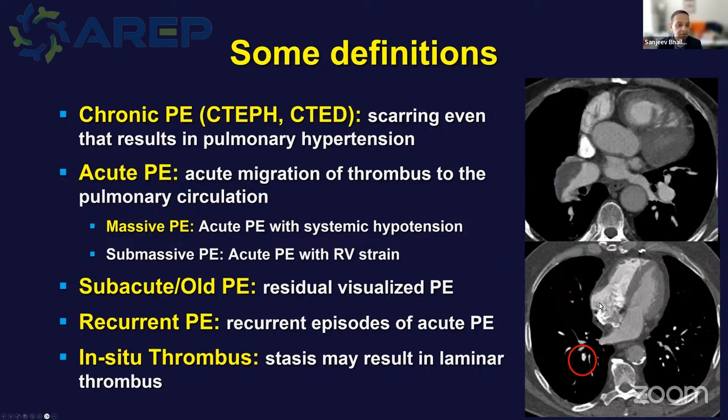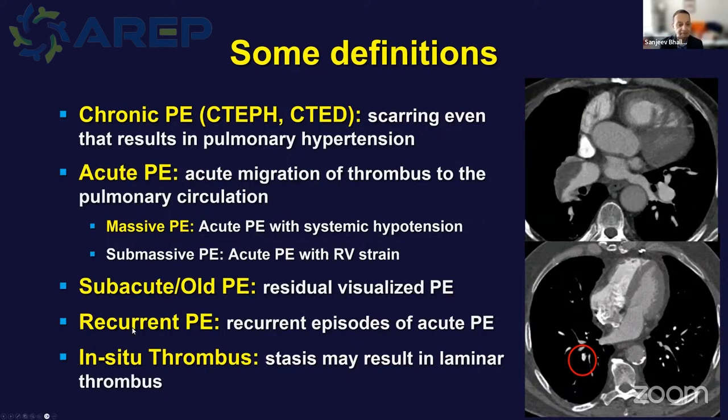When the patient has pulmonary hypertension associated with prior PE, this usually implies that there's been some cytokine-mediated scarring, and that's known as chronic PE. So chronic PE, as in this example here, represents more than just old PE. It represents scarring that happens from PE and subsequent pulmonary hypertension.